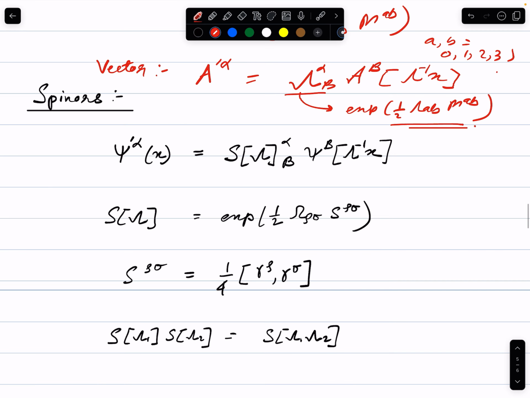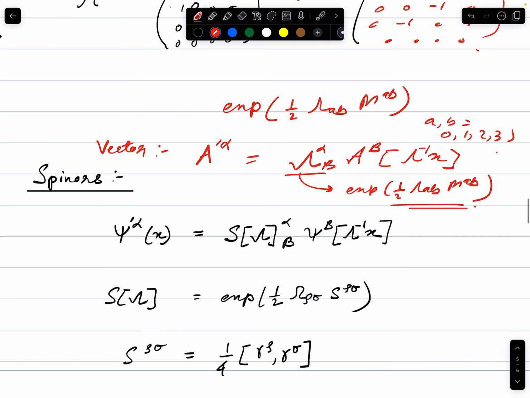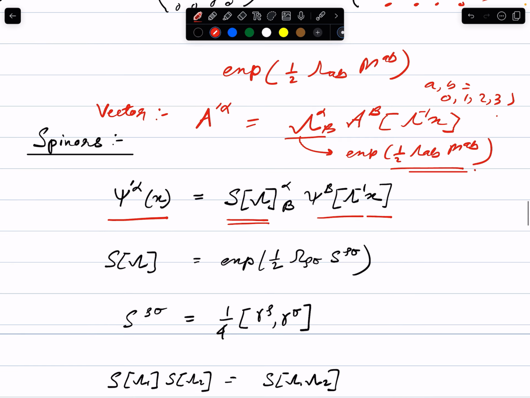Now spinors transform like this, by some S of lambda, which is a function of the space-time transform lambda, but it is not equal to lambda itself. This is defined by some e to the power i, with parameters again; you specify the parameters, but instead of these M matrices, we have a different set of matrices S. So for vectors, this was e to the power i sigma_rho sigma M_rho sigma.